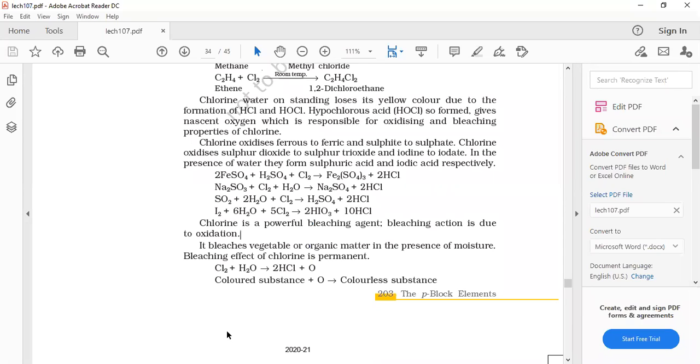The bleaching effect of chlorine is permanent, not a temporary effect. For example, whenever chlorine reacts with water vapor, it forms HCl and O. This oxygen removes color from any substance and makes it colorless.